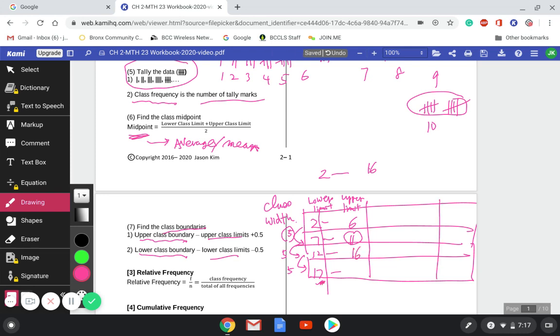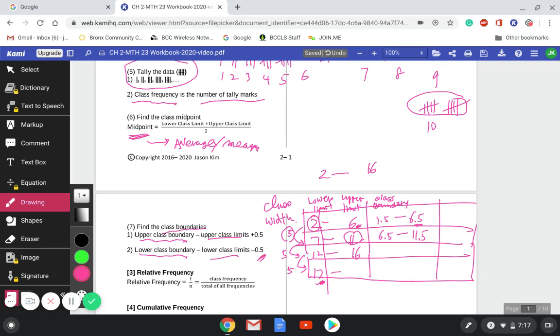Okay. And from here, class boundary would be always 0.5 shorter than the low class limit, and 0.5 more than the upper class limit. So 2 minus 0.5 is 1.5, and 0.5 more than the upper class limit, which is 6 in this class, is 6.5. The next one is 0.5 less than 7, which is 6.5, and 0.5 more than 11 would be 11.5.